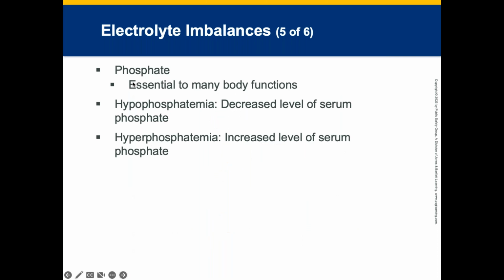All right, the next electrolyte we're going to talk about is phosphate. So phosphate, primarily an intracellular anion, essential to maintain body functions.